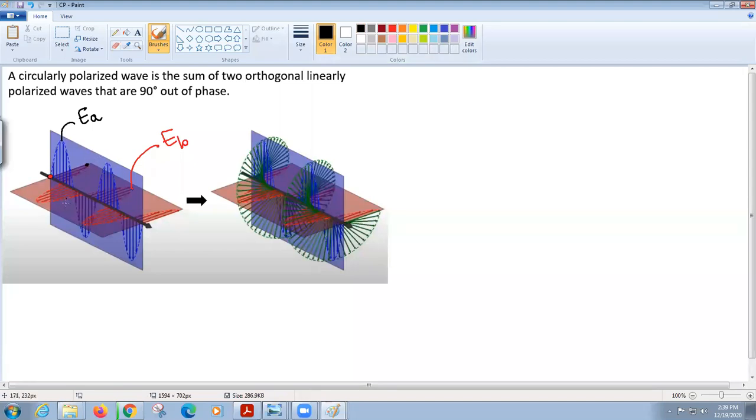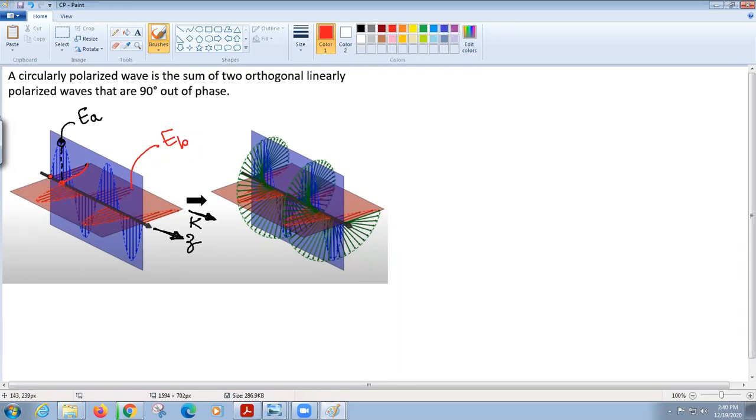Now coming all the way here, your wave is propagating along the Z-axis. As the wave is propagating along Z, it is customary to take the wave vector K also along Z. Now at this point of Z, EA is maximum, and the red one, EB, is minimum here.